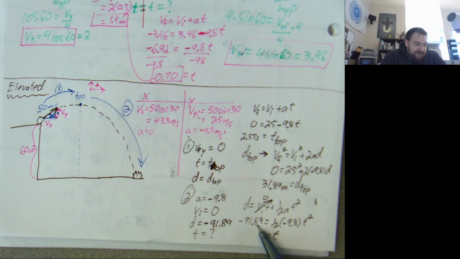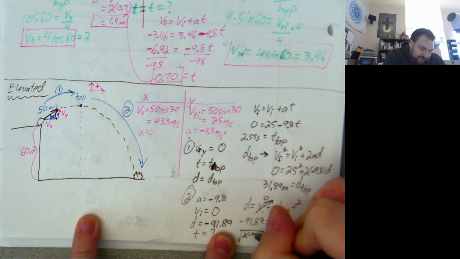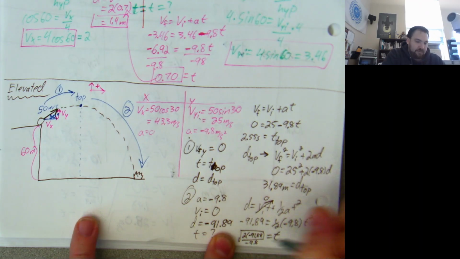You multiply this thing by 2, you divide it by negative 9.8, and you square root it. There was like half of you who forgot to square root it when we're not looking for t squared, we want t. It's going to be the square root of 2 times negative 91.89 over negative 9.8.